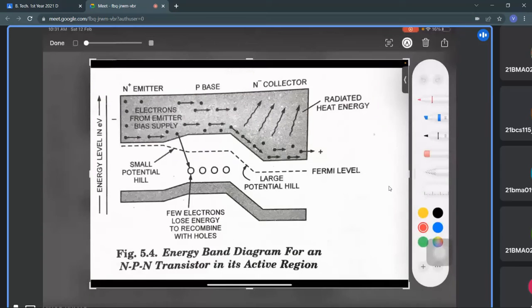So this is what we can see, the energy band diagram.